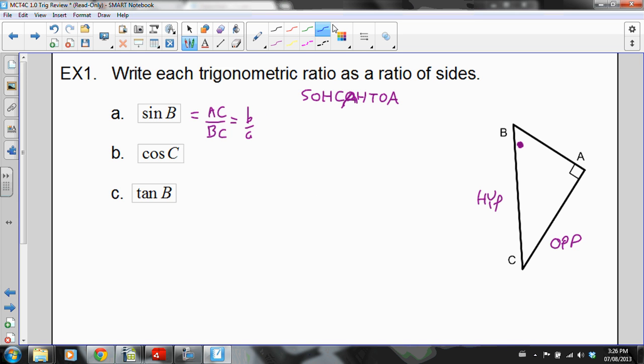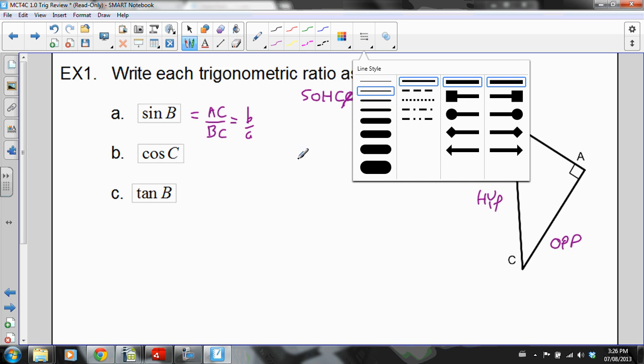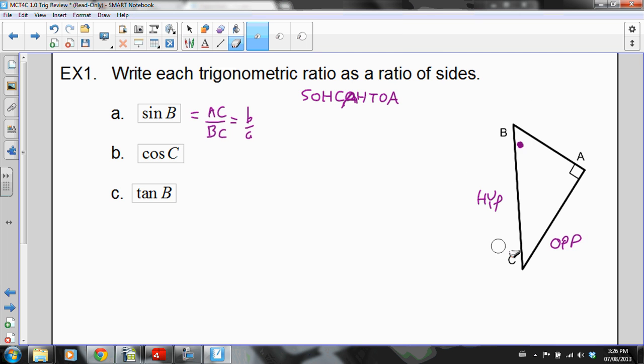I'm going to use a different color for part B here, just so we can see how it changes. Because now, if we're talking from angle C, this is still the hypotenuse, but the adjacent side, the side that's next to it, is this one, and this is the opposite side.